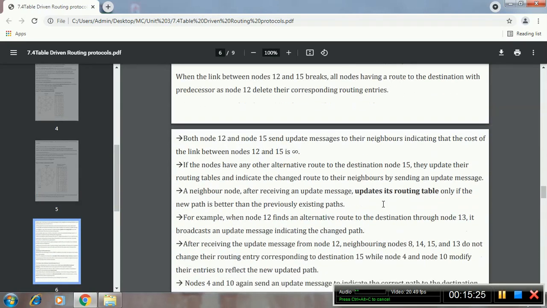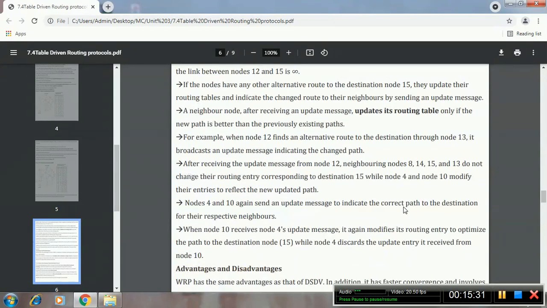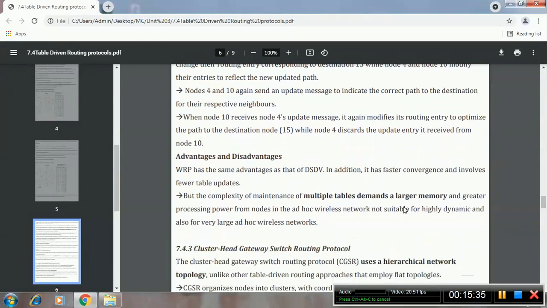So like this we are going to update each and every routing table, and you can see the clear explanation regarding how we have changed the values. The advantage of WRP is that it has the same advantages as DSDV. In addition, it has faster convergence and involves fewer table updates.